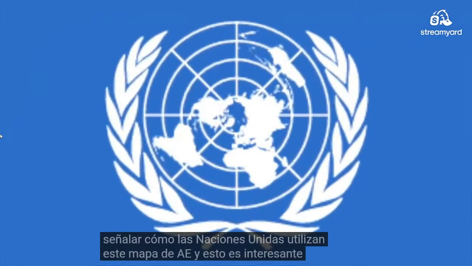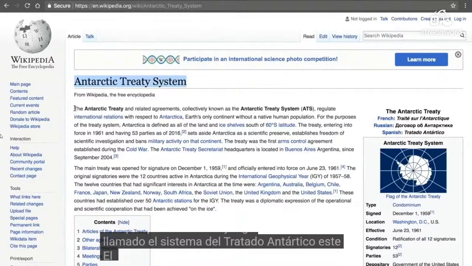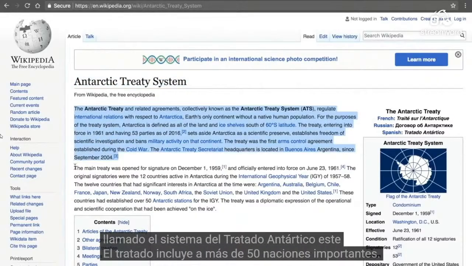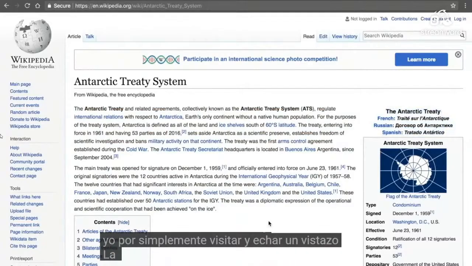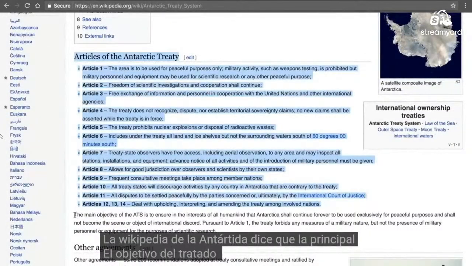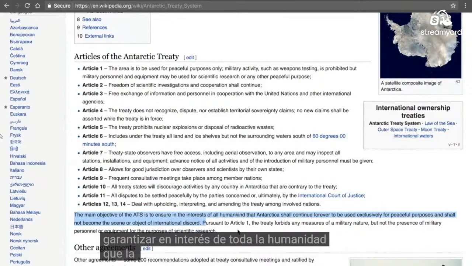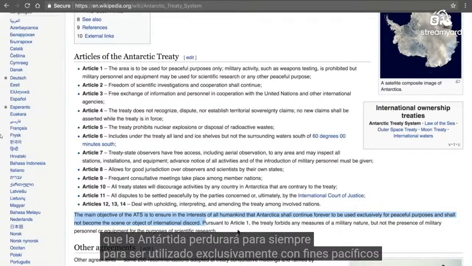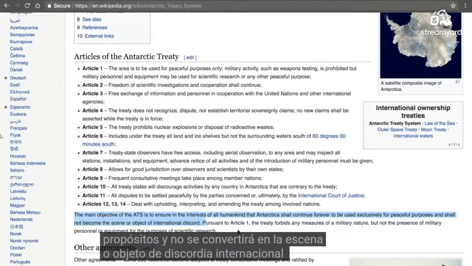And this is an interesting one because there's also something called the Antarctic Treaty System. This treaty includes 50 plus major nations, and it prevents civilians like you and me from simply visiting and checking out Antarctica. Wikipedia says, the main objective of the Antarctic Treaty is to ensure in the interests of all humankind that Antarctica shall continue forever to be used exclusively for peaceful purposes and shall not become the scene or object of international discord.